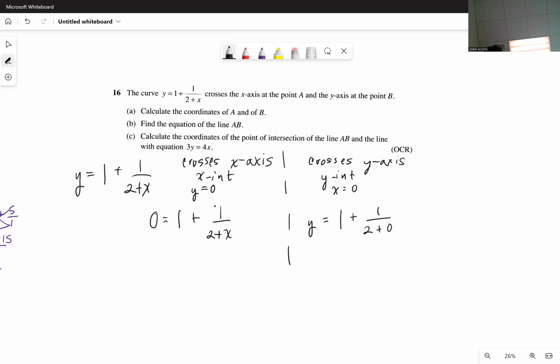You're going to be able to find it because you know the values of y. So all you're doing now is finding the value of x or y, depending on which one you're doing, and you're going to have A and B. So here, for instance, what's the first step you would do to solve this?